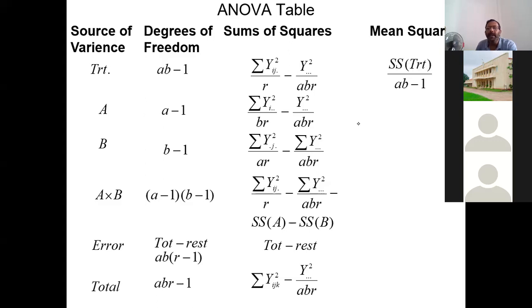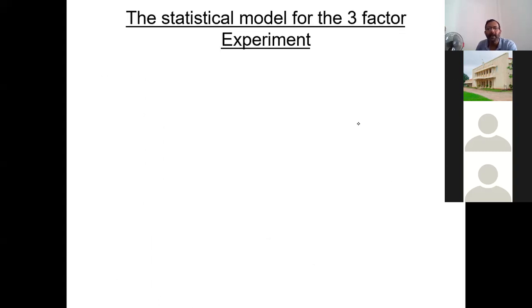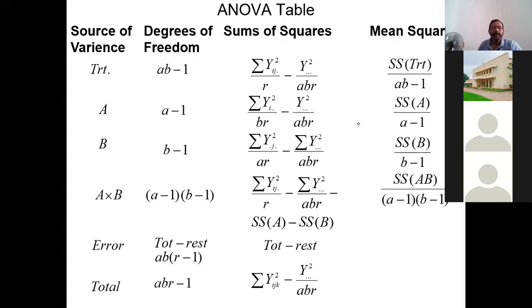The mean squares are as usual: the sums of squares divided by the degrees of freedom. That is the principle in all aspects. Now I'm going to put up a question. Have you all taken down this?